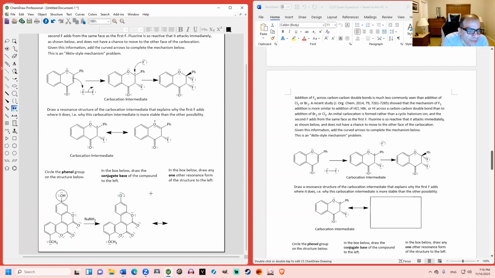So it would look like this. And there's really no other proton that can get pulled off except that one. You're not going to pull off one of the aromatic hydrogens, for instance. That's the most acidic hydrogen. And the way you know it is because the hydrogen is attached to an electronegative atom. All of the other hydrogens are attached to carbon.